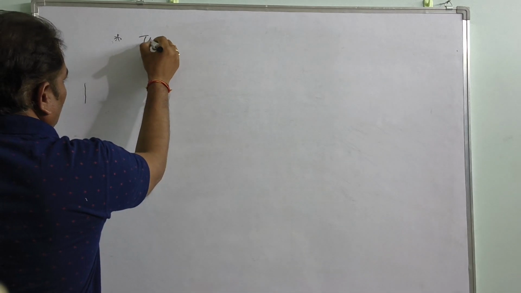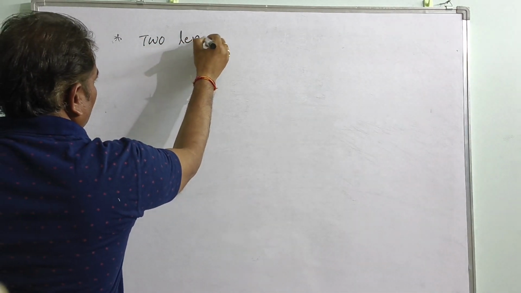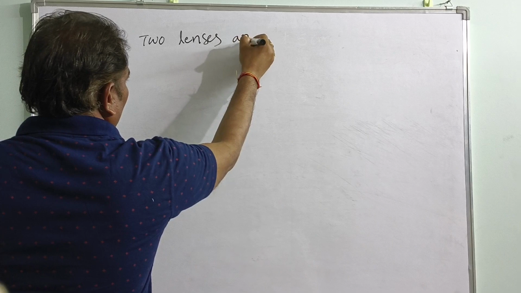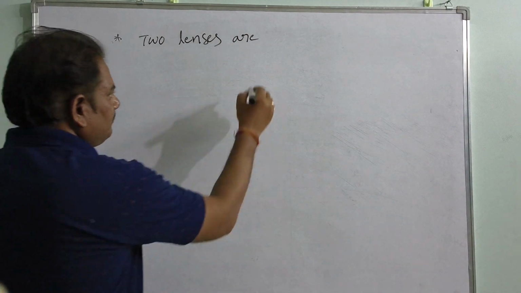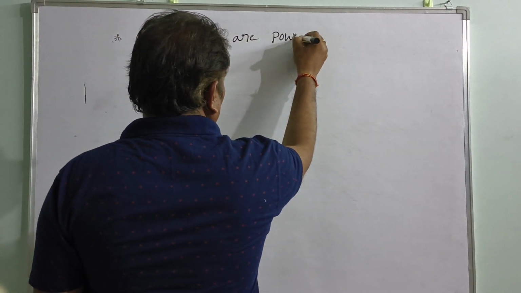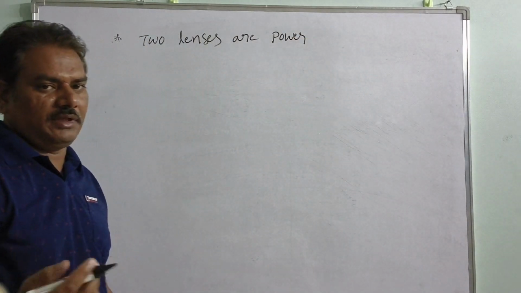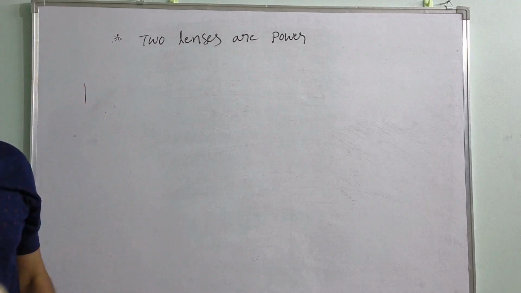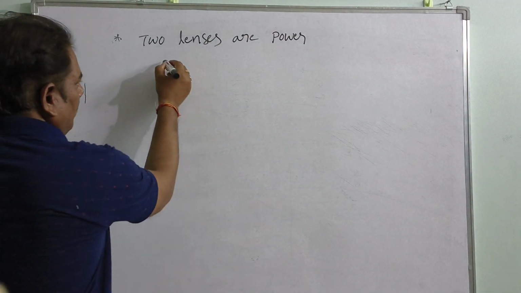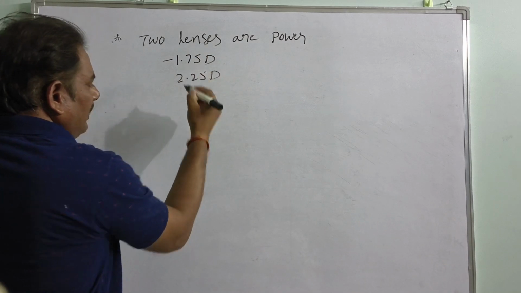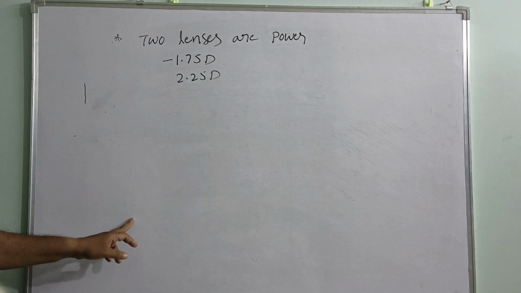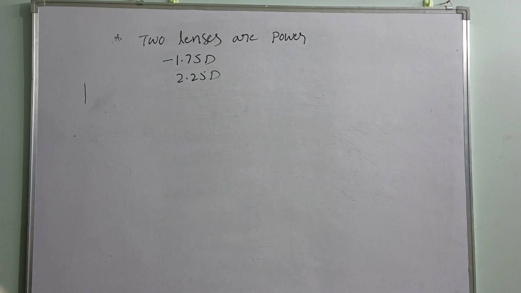Problem: two lenses are of power minus 1.75 D and 2.25 D respectively.